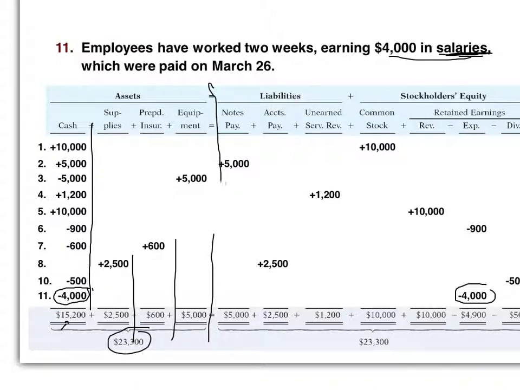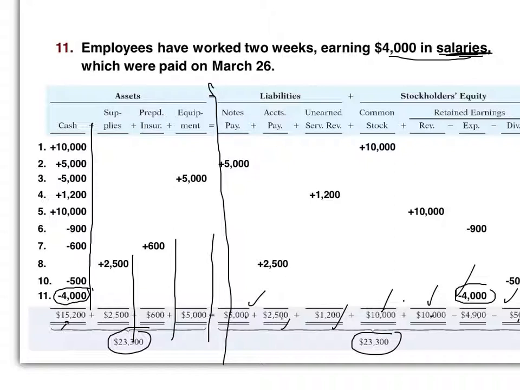On this side of the equal sign, we have 5,000 notes payable, 2,500, 1,200, common stock, plus 10 for revenue, 49 for expenses, and 500 for dividend. Now these are subtracted, so you add this, plus this, plus this, plus this, plus this, minus this, minus this, and you see we're in complete balance.